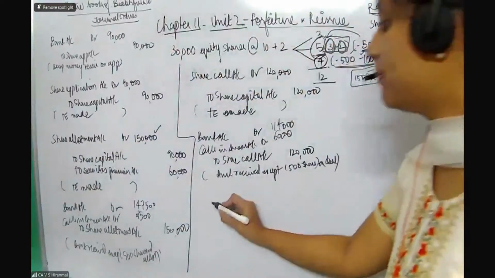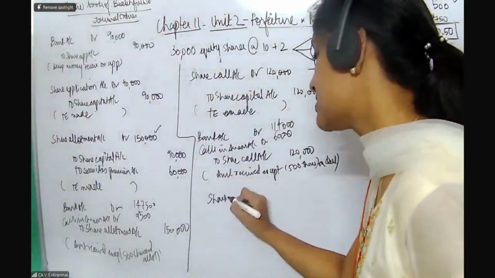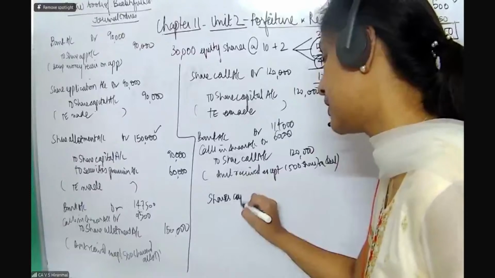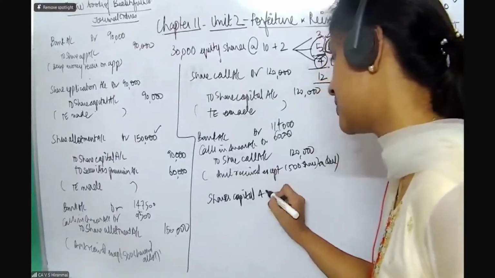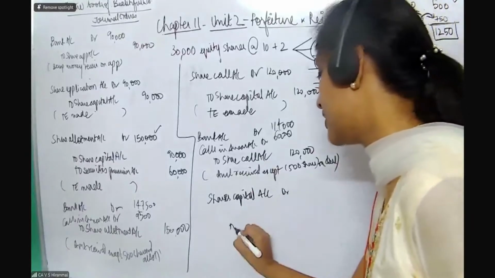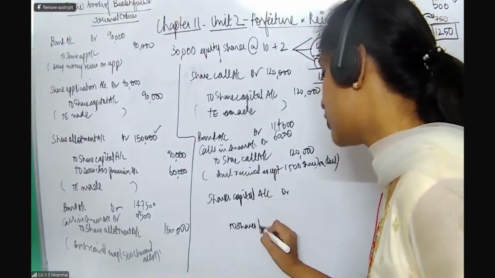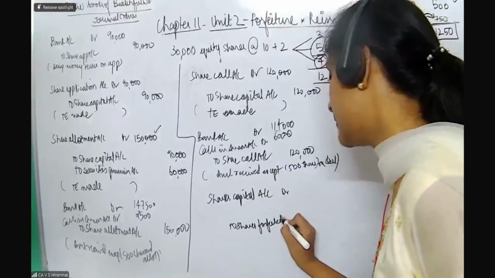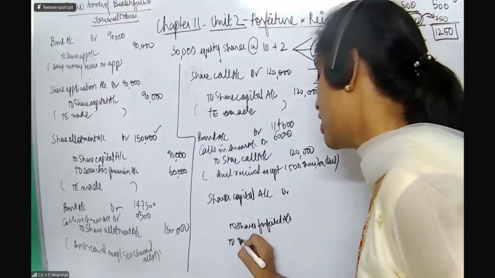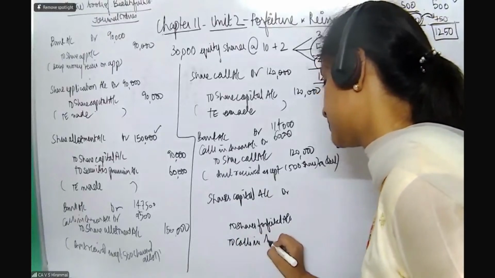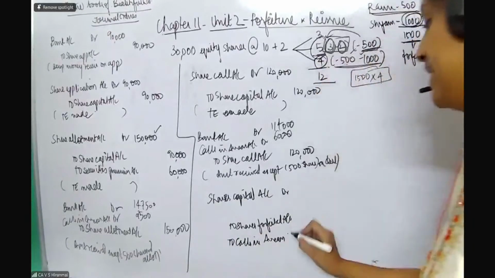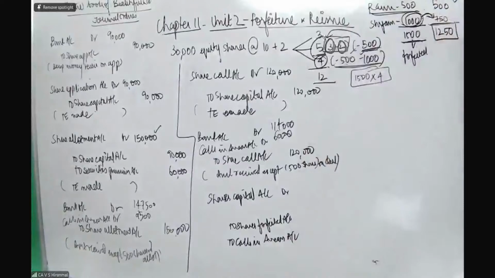Now please see, share capital account. The forfeiture entry will first start with share capital account debit to shares forfeited account and to calls in arrears. This is the usual entry which we have studied till now.